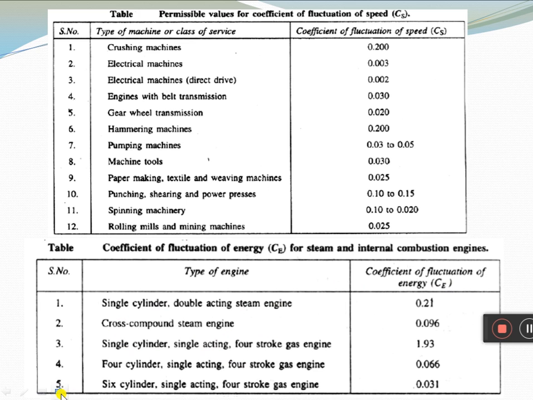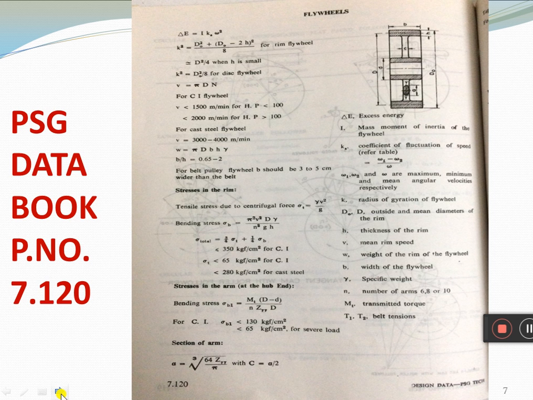And the next we move on to the design data book, page number 7.120. The full page is for the flywheel. The data is available, and the formula for del E is available, I K s omega square, and the W formula will be available, pi d b h rho, and the bending stress formula will be available, that is stresses in the rim.